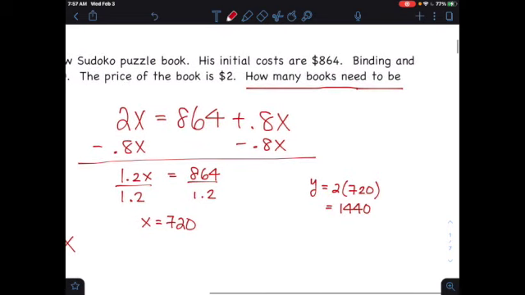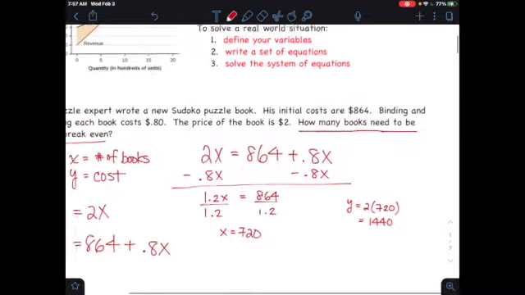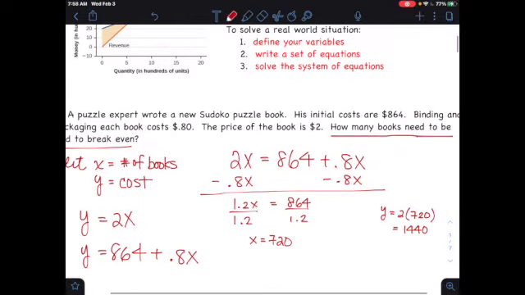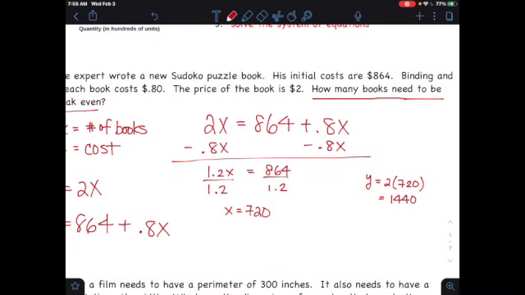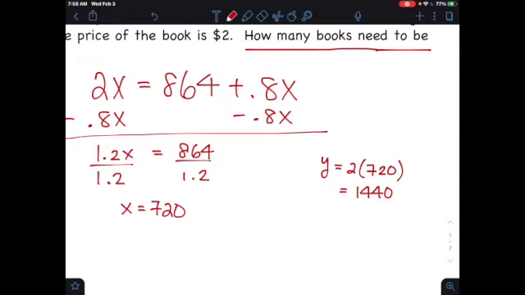What if I want you to interpret what that means? You should understand 720, since it's x, is how many books have to be sold. That is the break-even point. So if you sell 720 books, you cover your expenses. If they ask how much money is at the break-even point, the y tells you: you had to spend $1,440 to break even.